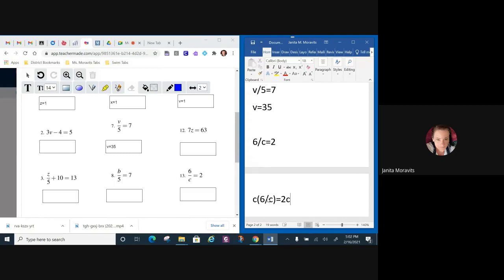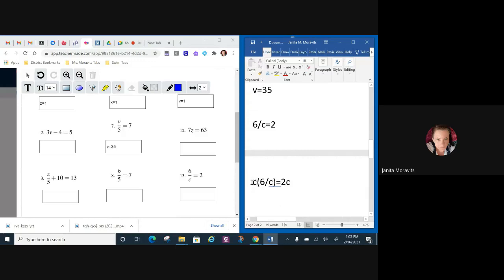All right, let's see what happens when we do this. Well, this C right here, because it's multiplying over this one right here, that's going to make those go away. So you're going to be left with 6 equals 2C. All right, well, we just kind of moved it around, but that's okay.